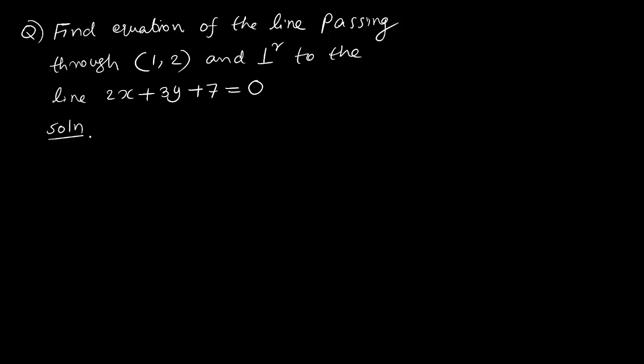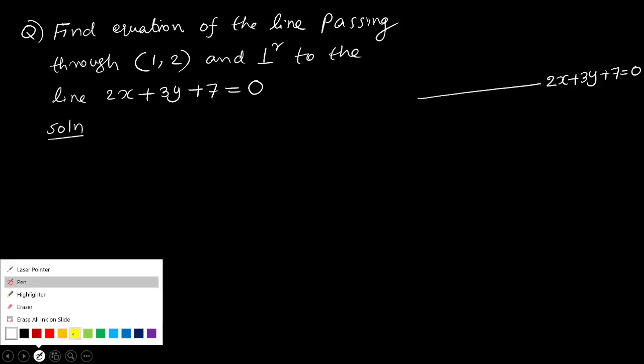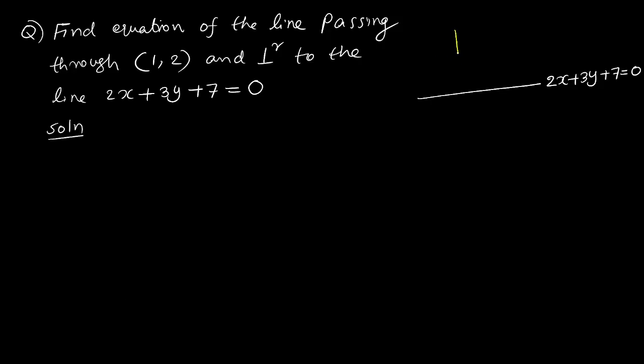All of you please listen. A diagram is not required to solve this, but to understand the question, let me draw the diagram. We are given a line 2x plus 3y plus 7 equal to 0. Our question is, we have to find a perpendicular line.